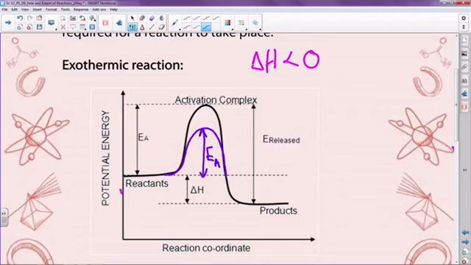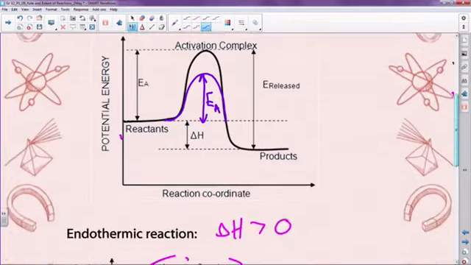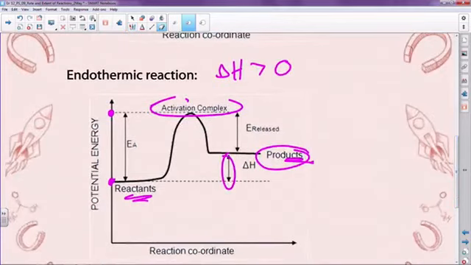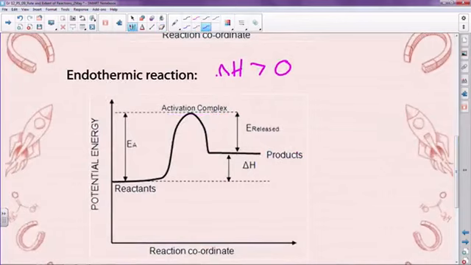So the little hill gets smaller. Same when I'm dealing with here. So if I get rid of all of this, because it's a mess, and we go back here, what it does is it does this. But the reactants and the products have the same energy. Okay? Great? Good. Let's do some questions.